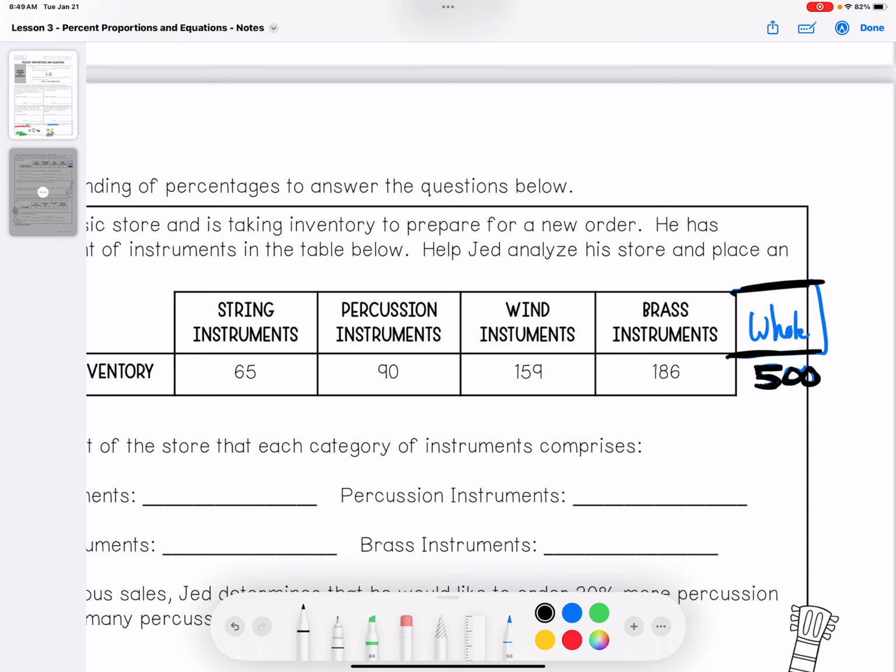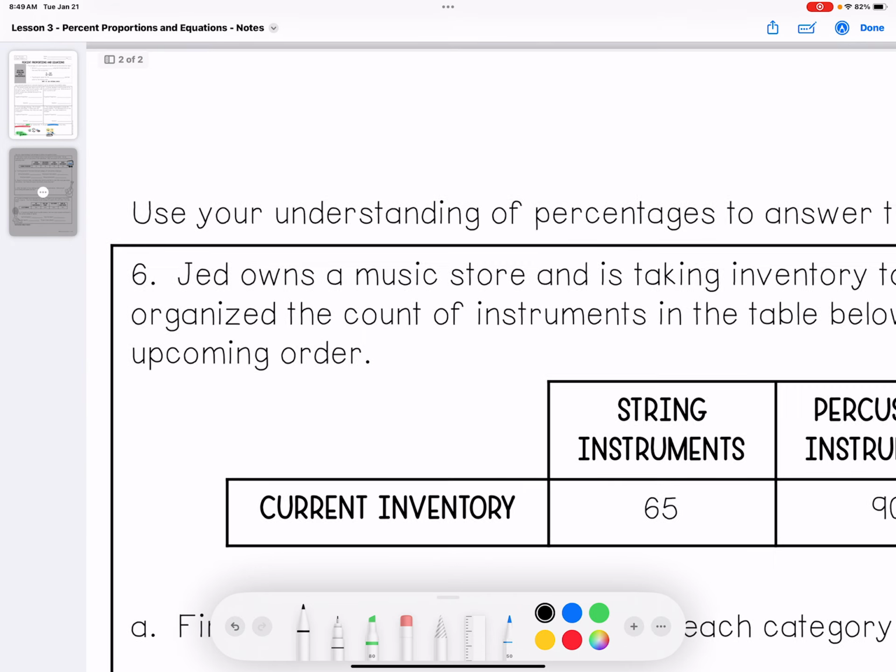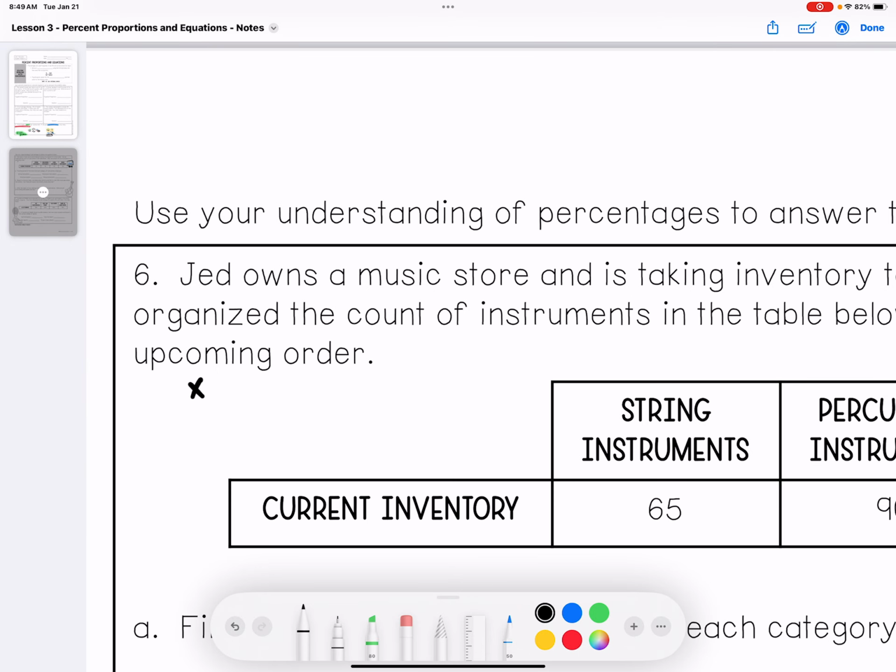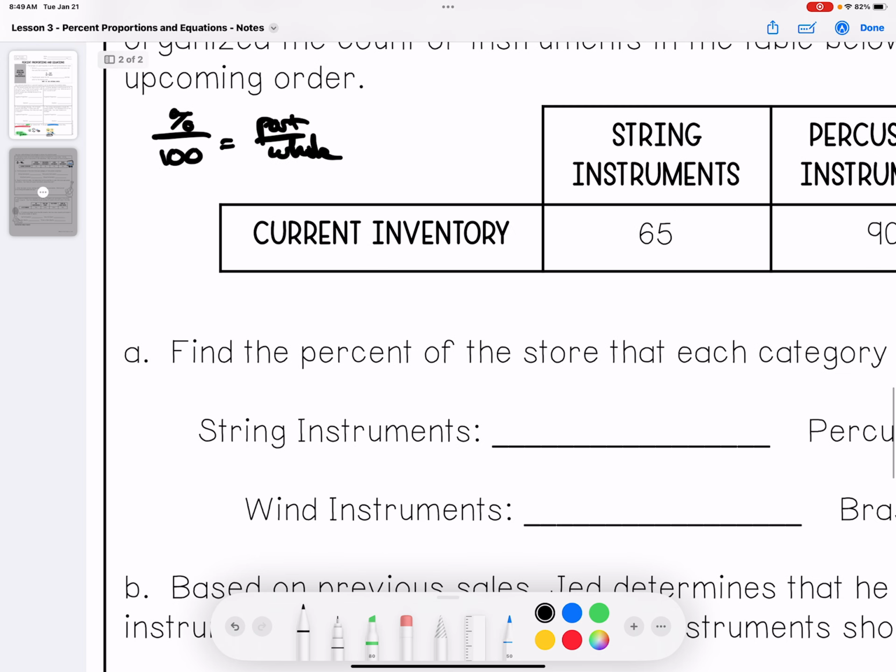All right, now we know that our formula is percent over 100 equals part over whole. So now for the string instruments, we're looking for the percent.